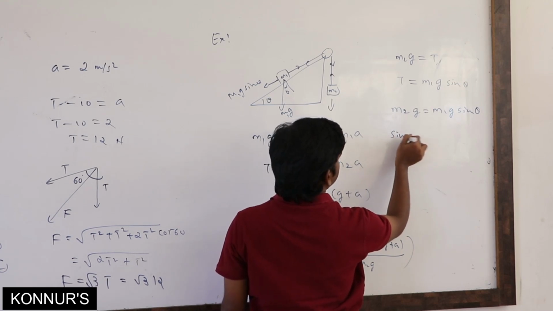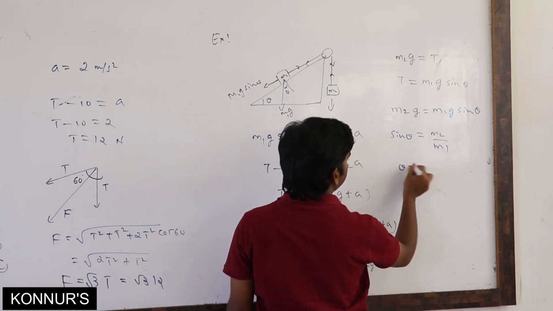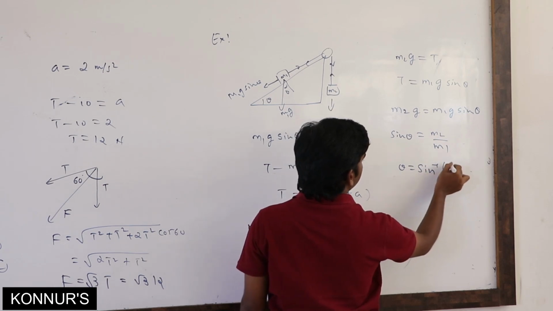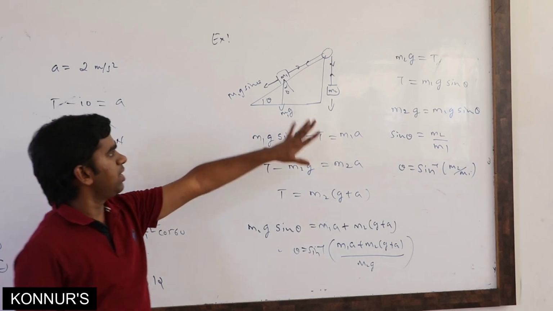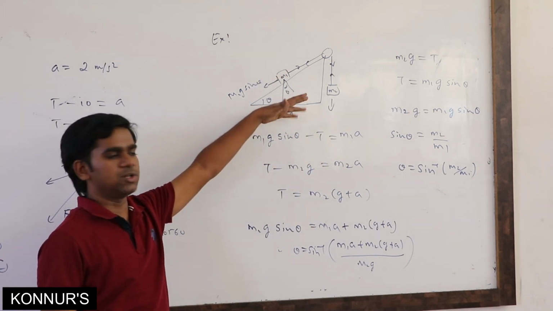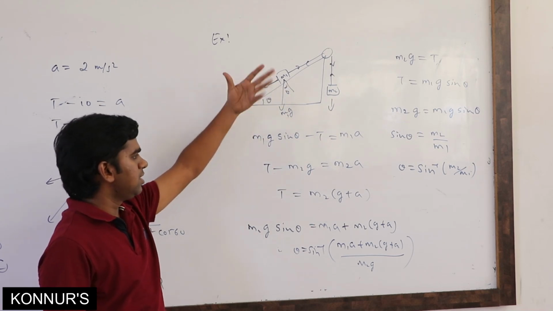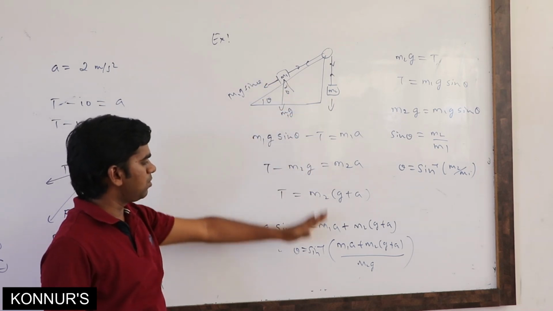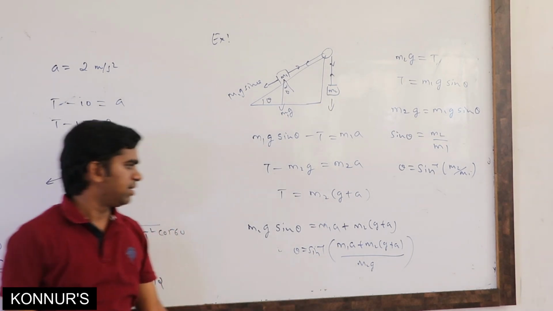So sin theta equals m2 divided by m1. So theta is sin inverse of m2 divided by m1. That is when it is in equilibrium, when bodies are not moving. If bodies are moving with some acceleration, then no need to go for that one. We have to solve whatever may be a complicated answer, we have to go with that answer.